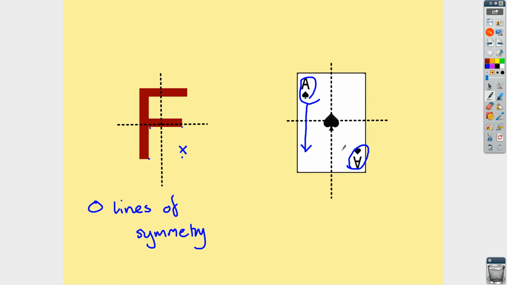If I try and translate either of them across the vertical line of symmetry, it's not there, so it doesn't line up. So this shape also has 0 lines of symmetry, and you have to be careful of that because they do like to throw it into some of the questions. Okay, so 0 lines of symmetry there as well.